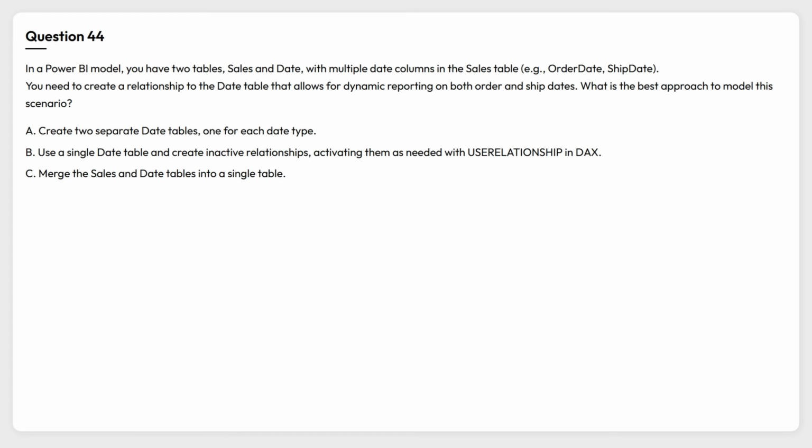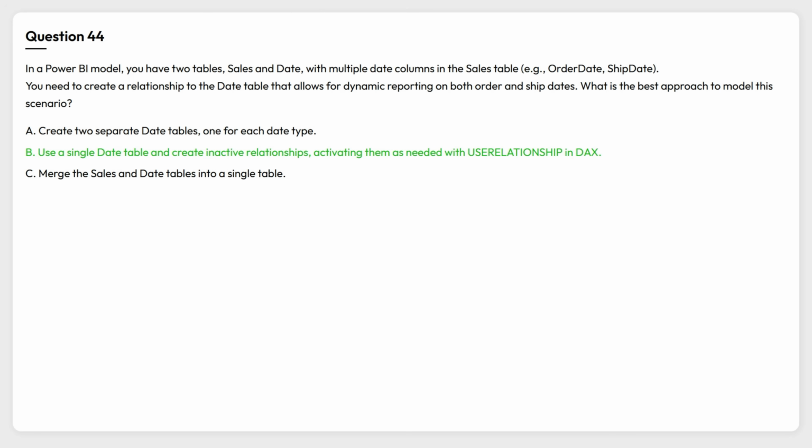Option B. Use a single date table and create inactive relationships, activating them as needed with USERELATIONSHIP. Option C. Merge the Sales and Date tables into a single table.